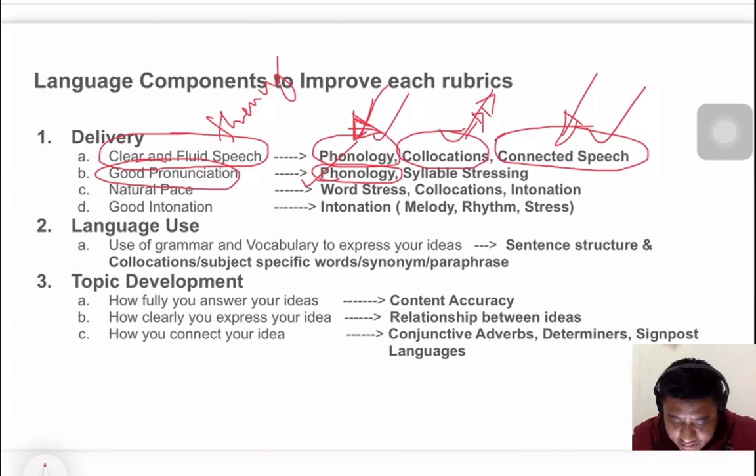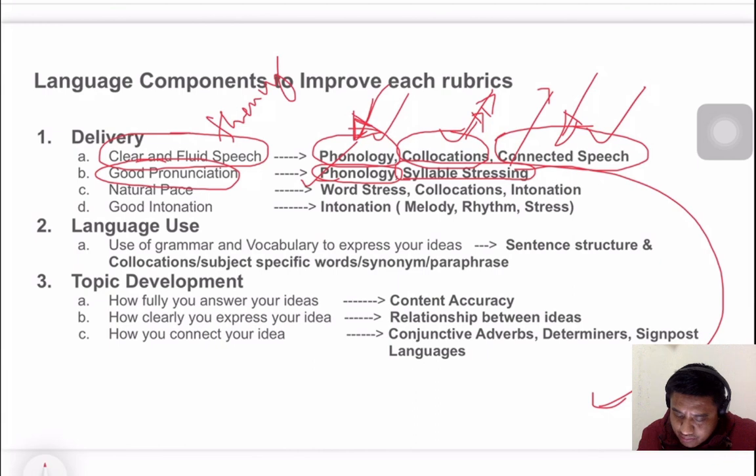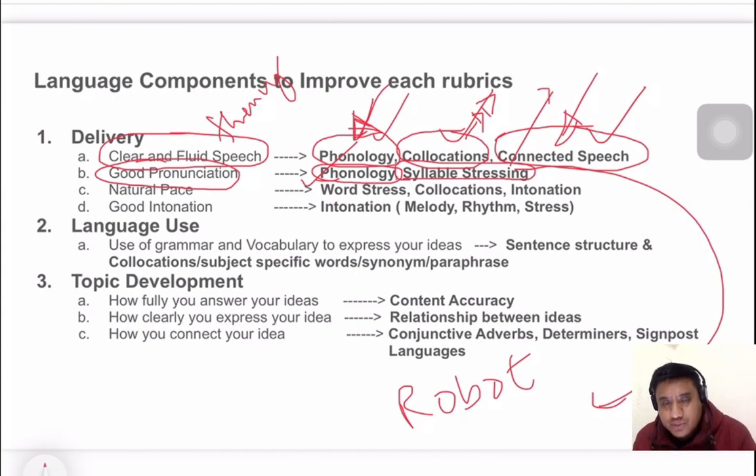The other thing that you need to study for word pronunciation is something called syllable stress. Whenever I talk about syllable stress, I give this particular example to students. I ask students if they can pronounce this word.